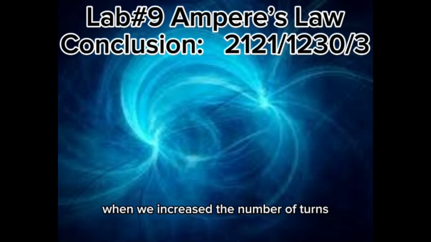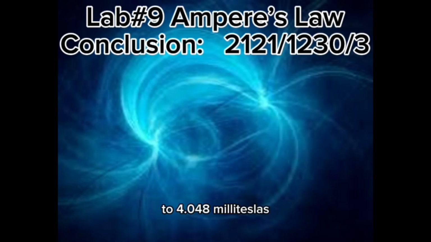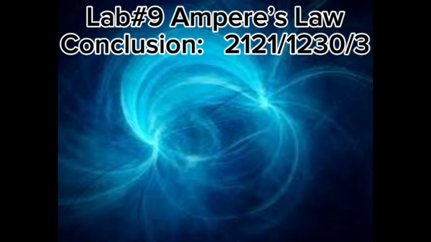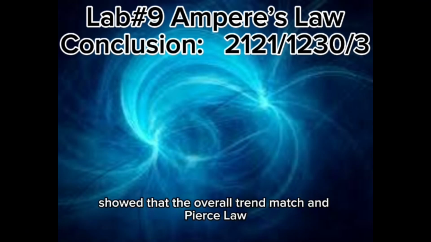When we increased the number of turns from 800 to 1600 turns, the magnetic field increased from 1.844 milliteslas to 4.048 milliteslas, which corresponds to approximately a 120% increase. Comparing our theoretical expectations with our measured values showed that the overall trend matched Ampere's law.